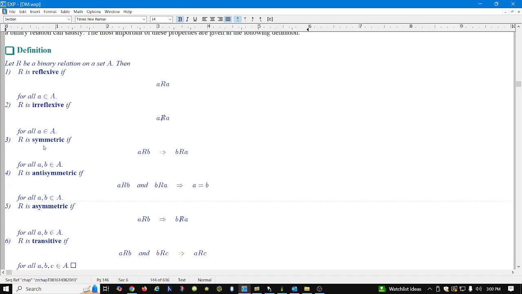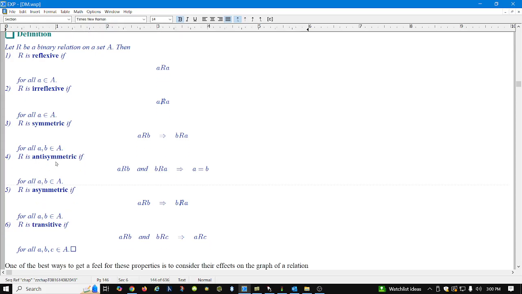A relation is symmetric if aRb implies bRa for all elements a and b in the underlying set. A relation is antisymmetric if aRb and bRa implies a equals b. So if a and b are related in both directions, a related to b, b related to a, then a and b have to be the same element, or equal.